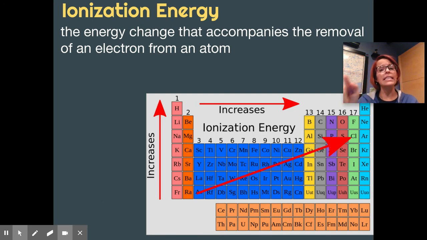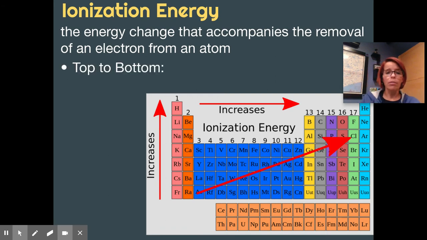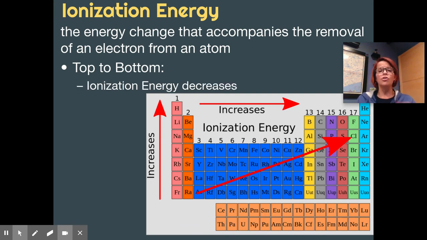In comparison to if I go to the element just before it, neon, which is a noble gas, a tiny, really compact atom, and I try to pluck one of its electrons that are super close to the nucleus, which one's going to take more energy to pluck that first electron off? Well, you can guess that it's going to be easier to pluck an electron off of sodium than it is to pluck it off of neon. So as you're going top to bottom, the ionization energy decreases.